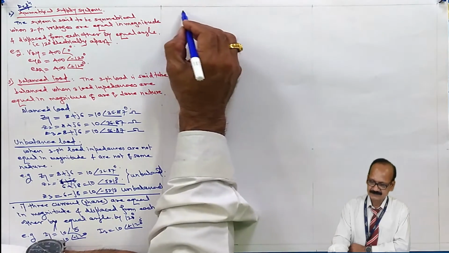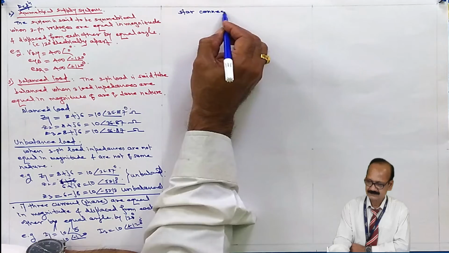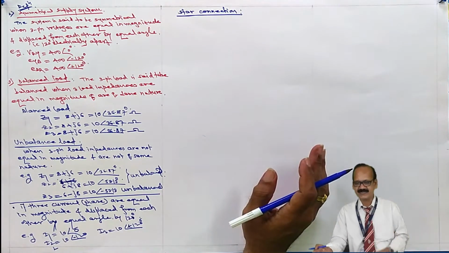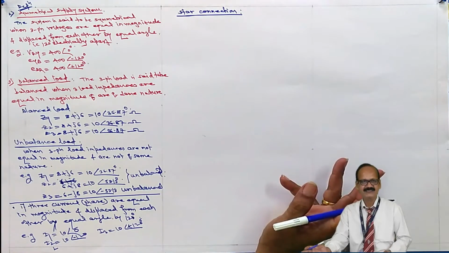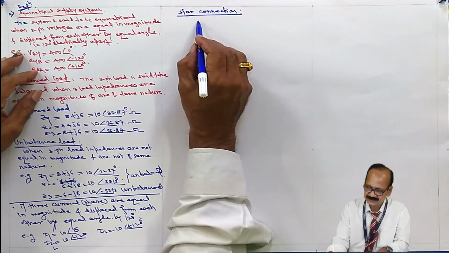Now the star connection. The three armature windings may be either connected in star or in delta. So let us have a star connection.